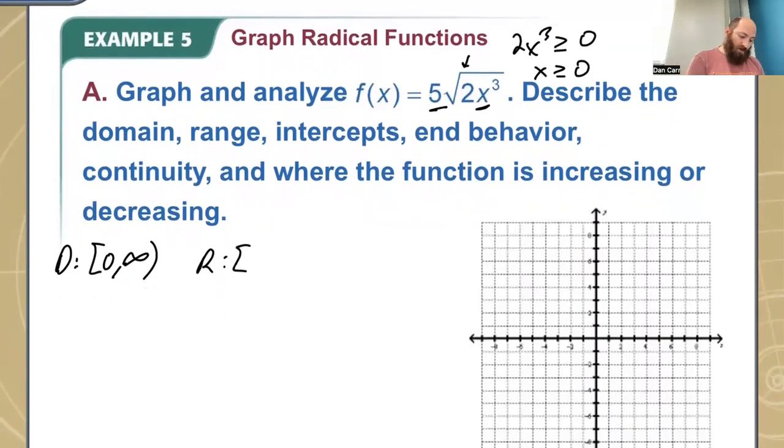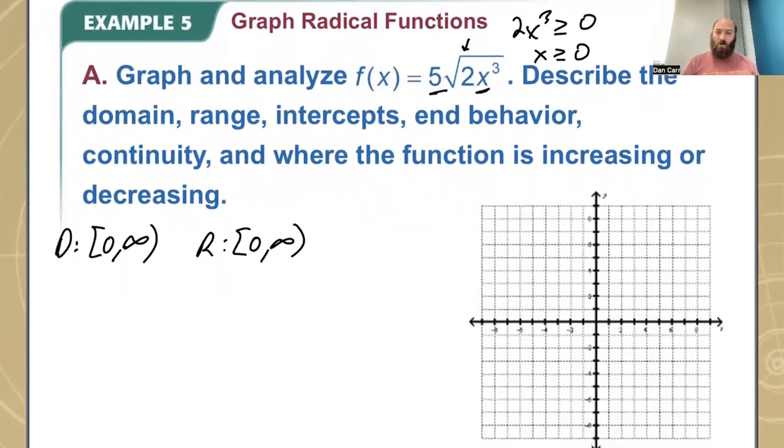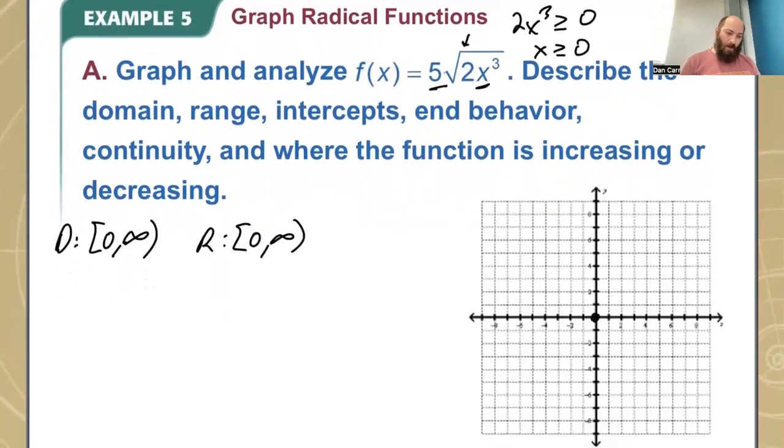So my range is still going to be 0 to infinity because we're still going to cross right here at 0, 0. Just to get a feel for how the graph looks, let me do f of 1. That's 5 times the square root of 2 times 1 to the third power. 1 cubed is 1, times 2 is 2, and this comes out to 5 root 2.